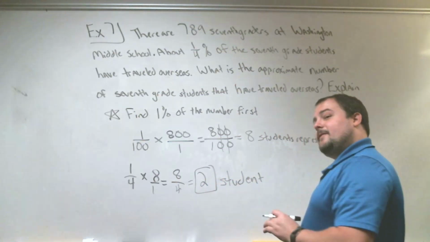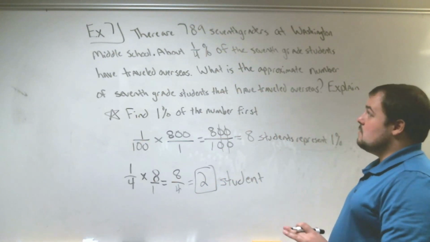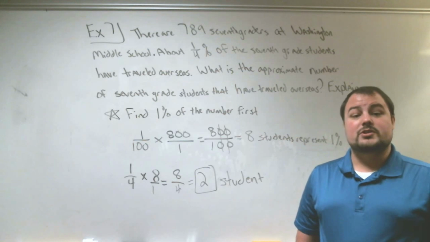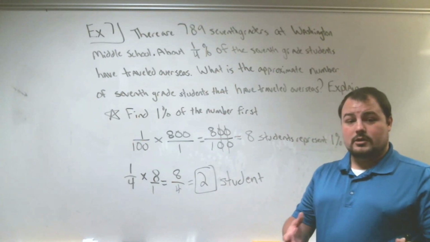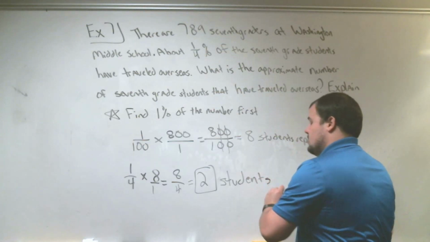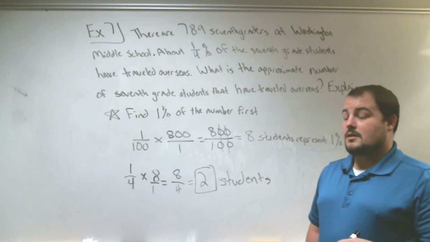So if there were 800 students in a school and only 1/4% of those students traveled overseas, then that's really only 2 students who have been to another country across the ocean.